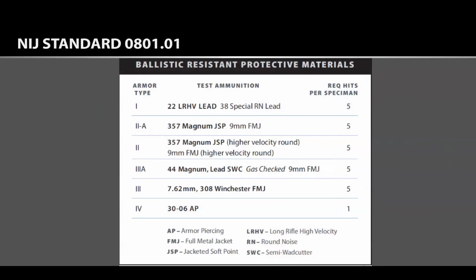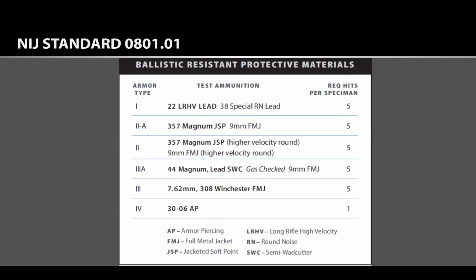The other 1% of the projects out there across the country that I want everybody to be aware of, at least this additional standard, is the NIJ, or the National Institute of Justice Standard 0801.01. This is essentially typically designated for federal entities, Department of Justice, Department of State, Department of Energy in some cases as well, and the DoD.